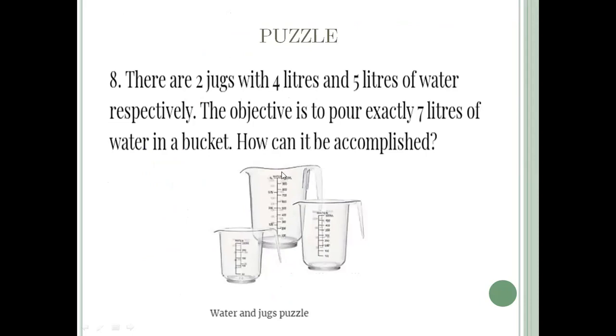You have to fill the 7 liter bucket exactly using these 2, by using the minimum number of steps. Using this jar and this jar of 4 and 5 liters, how many steps are required to fill this bucket?